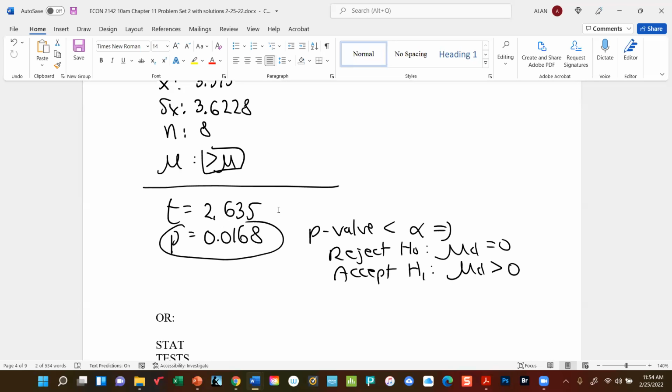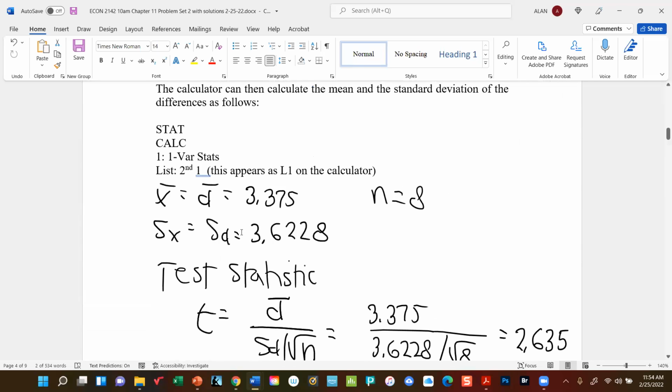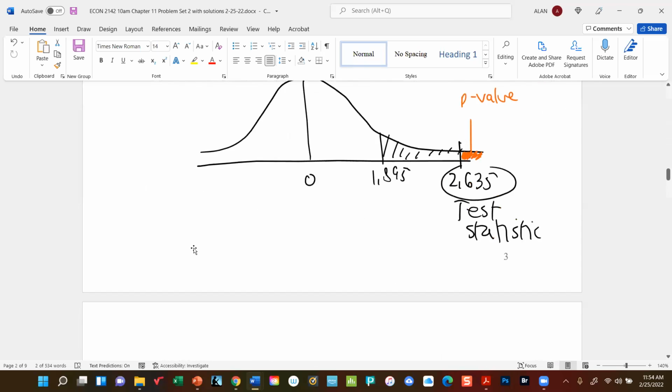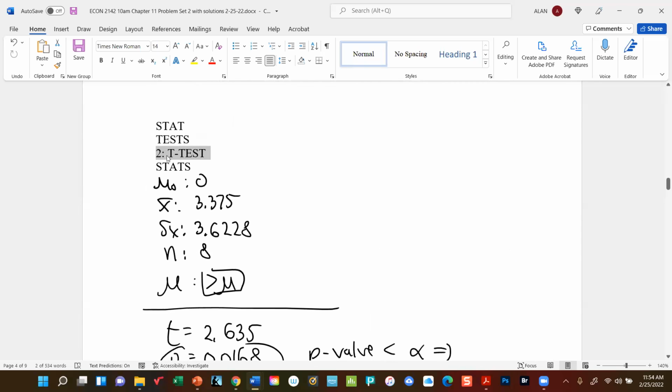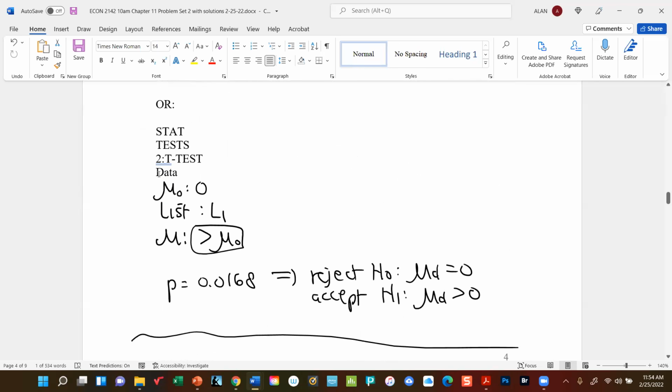Okay. Now, if you did not calculate these statistics, no problem, because when you go into this mode, instead of choosing stats, you could have chosen data. And then it's going to ask you for the list. So this is probably the quickest way of going about this. And we've done this before in the class.